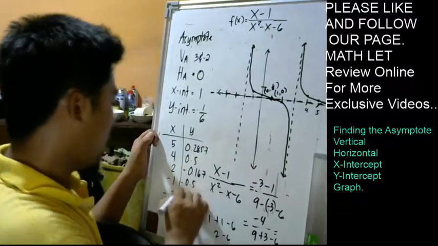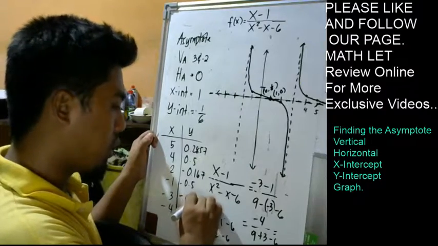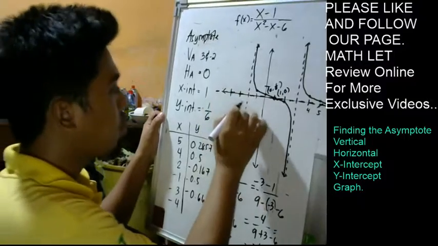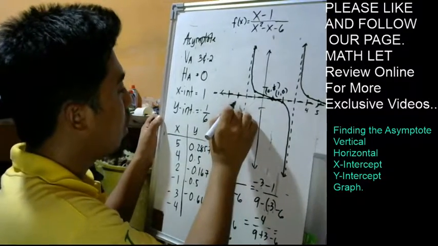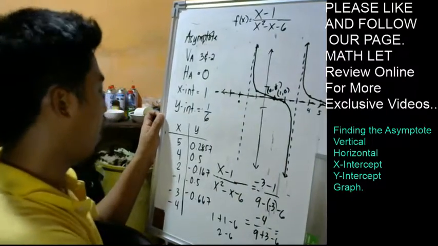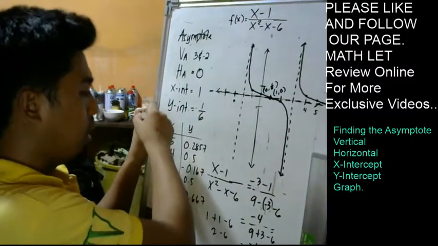So it's negative 0.667. Therefore it is below the horizontal asymptote, near negative 1. Now for negative 4, we substitute.